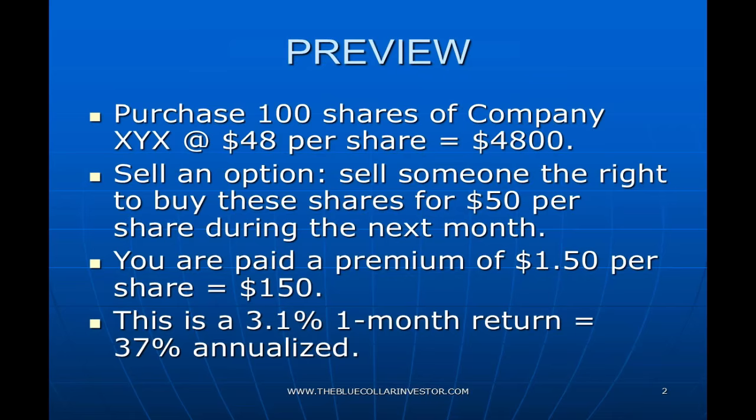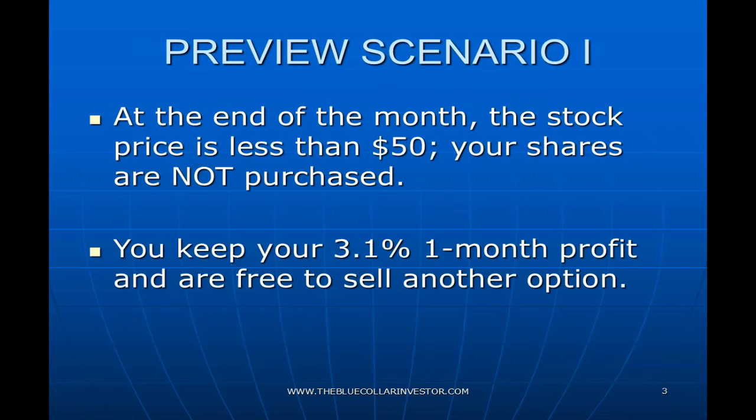At the end of the 1 month, there are 2 possible major outcomes. In the first scenario, let's assume the price of the stock remains under the $50 agreed upon sales price. The option buyer is not going to elect to exercise the option and buy our shares from us for $50 if, let's say, the price of the stock remains stagnant at $48.